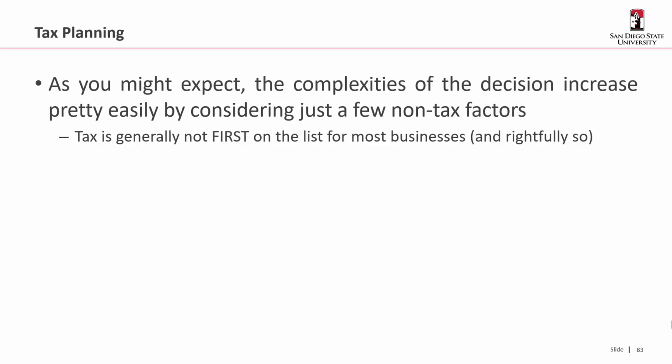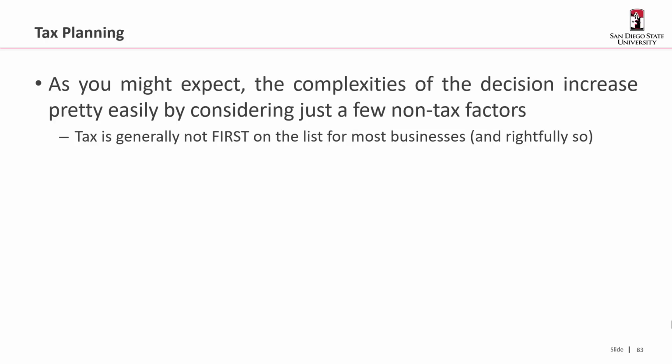Okay. So as you might expect, the complexities of the decision of what kind of entity you're going to choose, even though we can see that just the choice of entity alone creates shifting opportunities, they increase pretty easily by considering just a few non-tax factors.